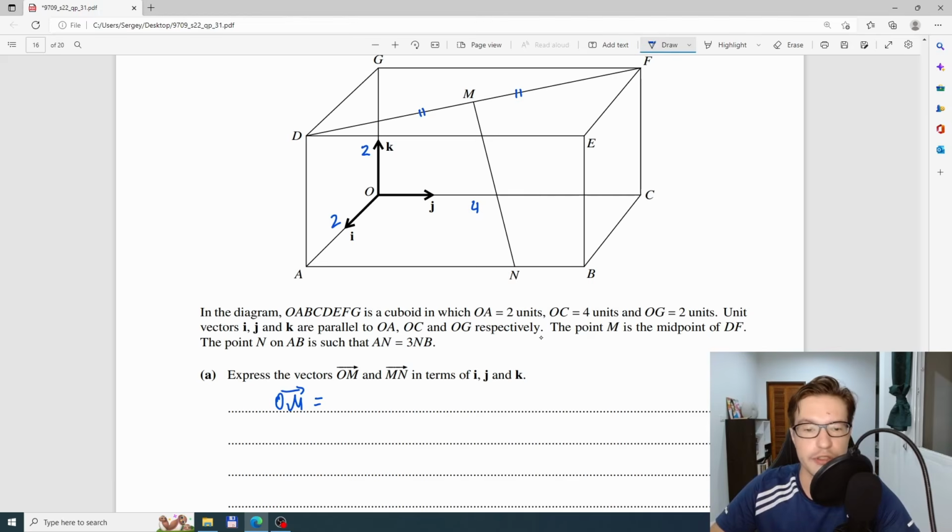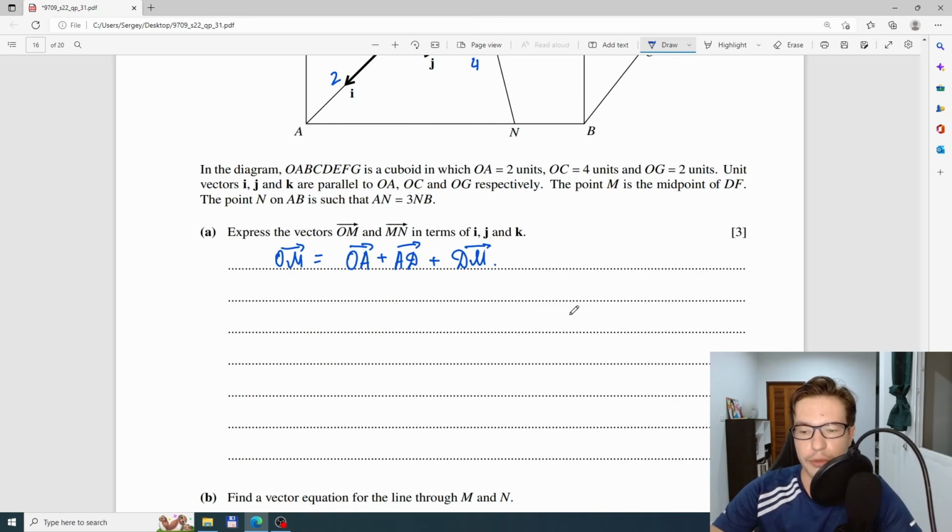I'm going to first move from point O to point A. That would be vector OA. Next, from point A, I can move up to point D, so I will add vector AD. Then from point D, I have to move to point M, so it's going to be plus the vector DM.